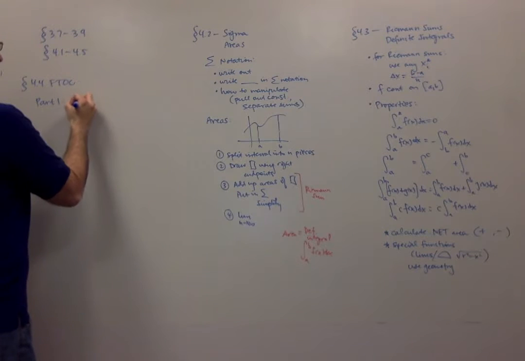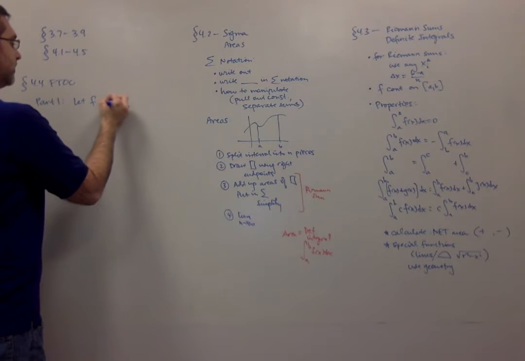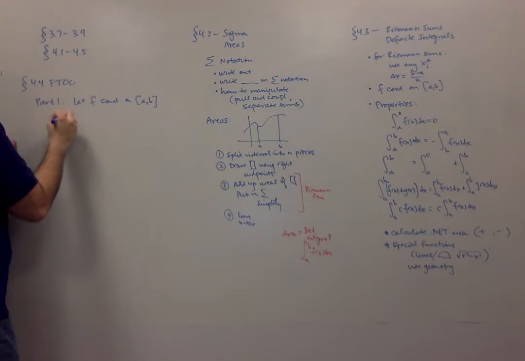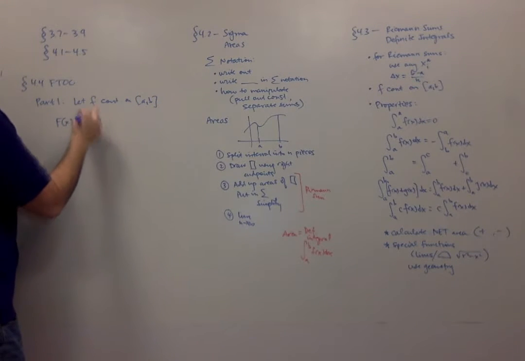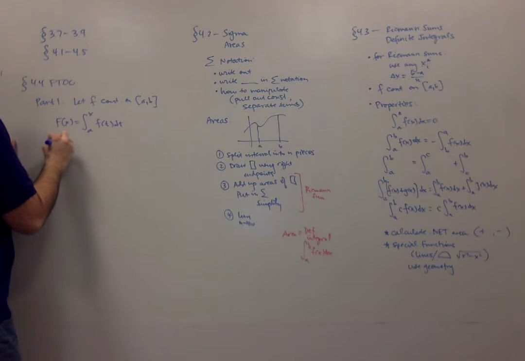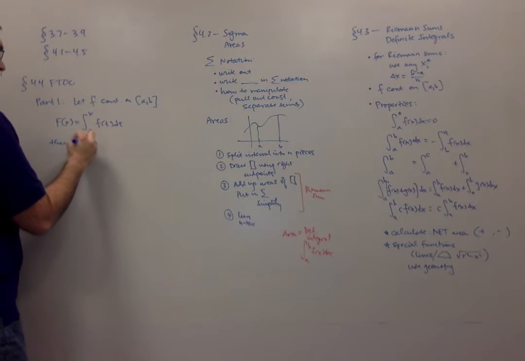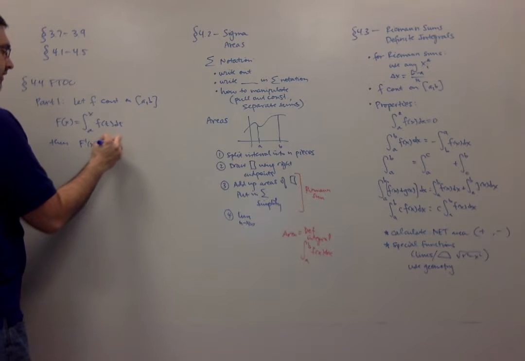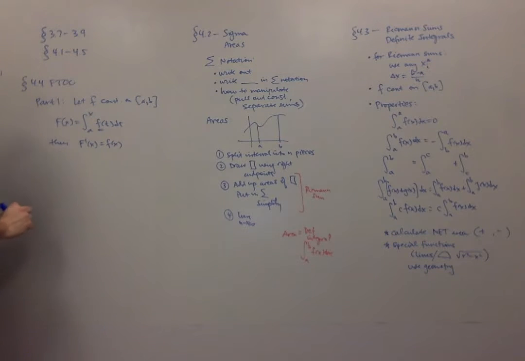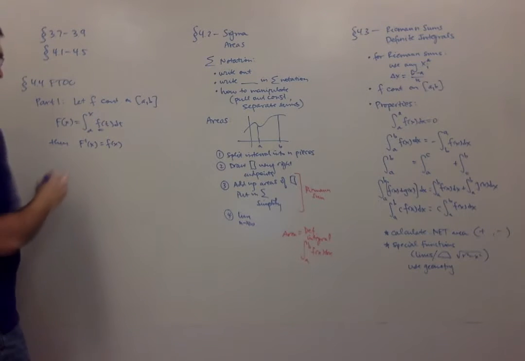Part one said that if we start with a continuous function on a closed interval, and we define this new area function from a to x, then we get a continuous differentiable function, and the derivative of that area function is the original function back again.